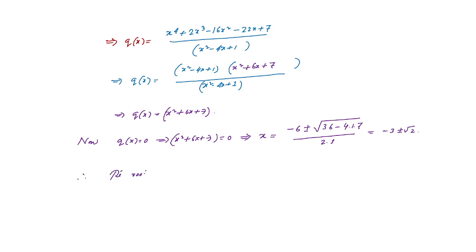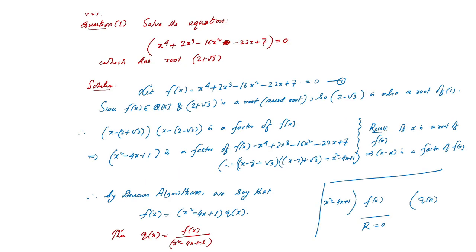The roots of the equation x to the power 4 plus 2x cube minus 16x square minus 22x plus 7 equals 0, what is given here? 2 plus root 3.